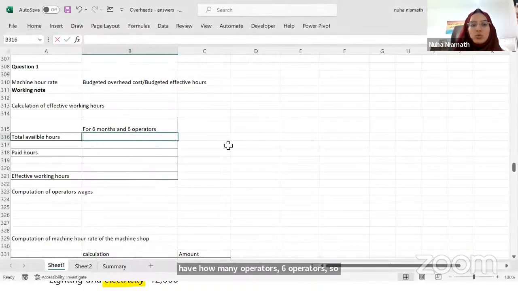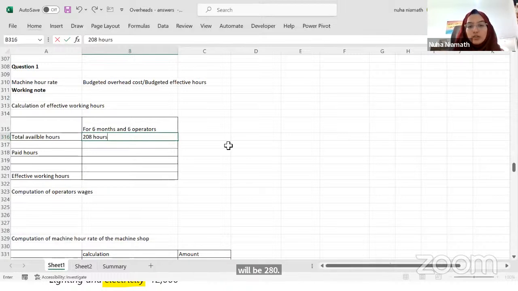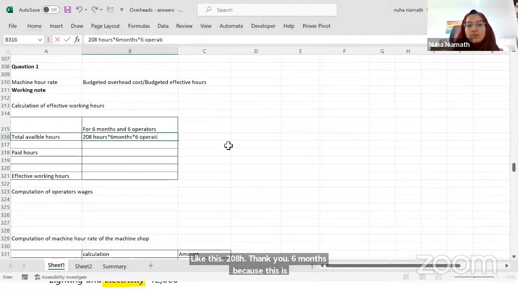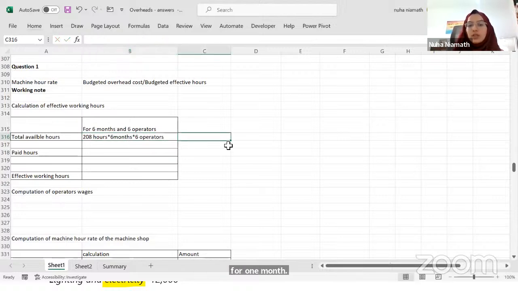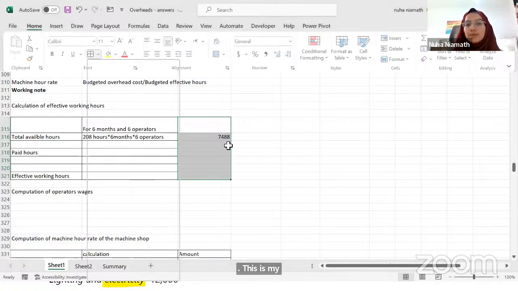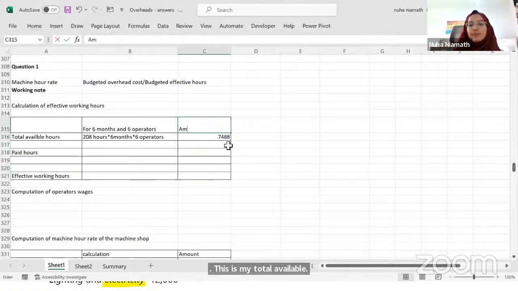Let's put it like this: 208 hours, because this is for 1 month, into 6 months, into 6 operators. That will give me 208 into 6 into 6. This is my total available hours. Everybody clear? Yeah.